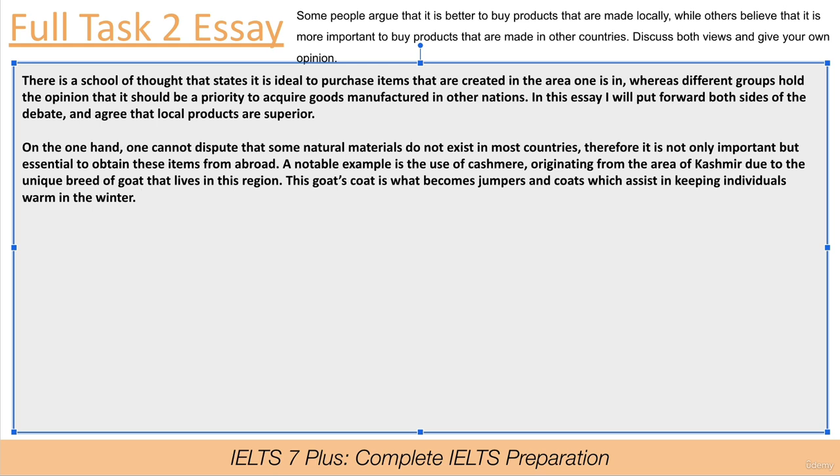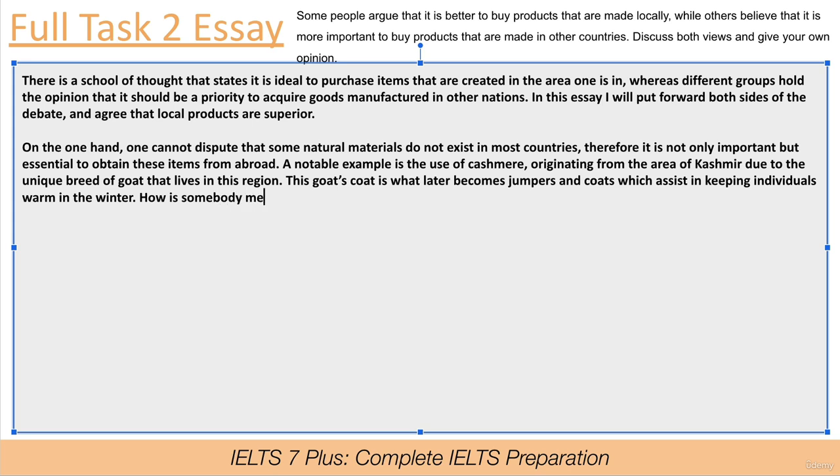Okay, so we're just explaining the process here. This goat's coat is what later becomes jumpers and coats, which assist in keeping individuals warm in the winter. We could do a fun question. I quite like that sometimes.